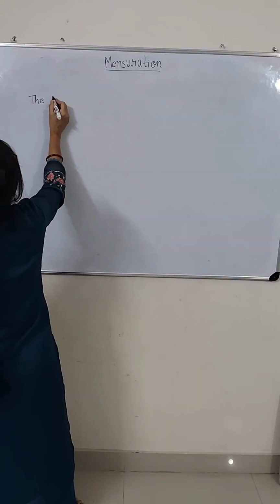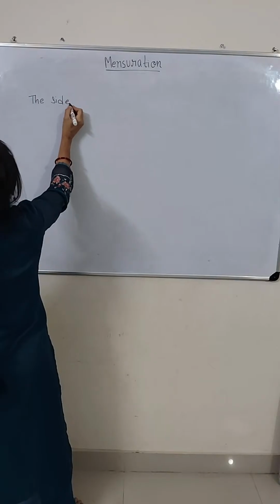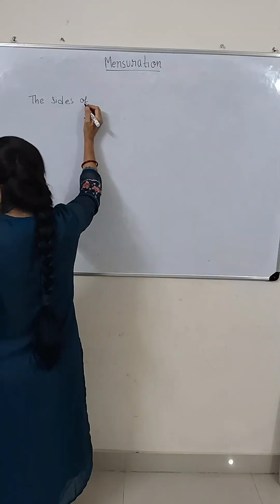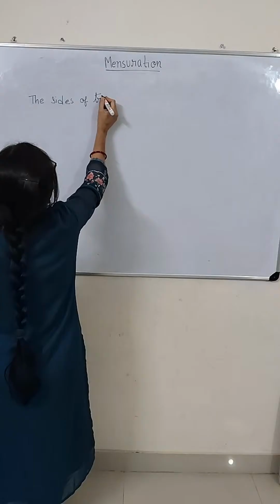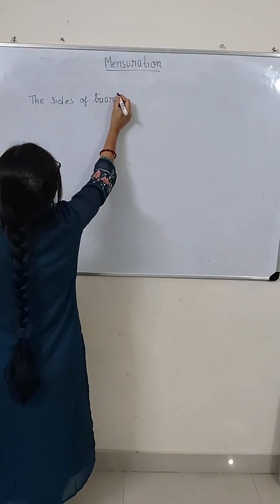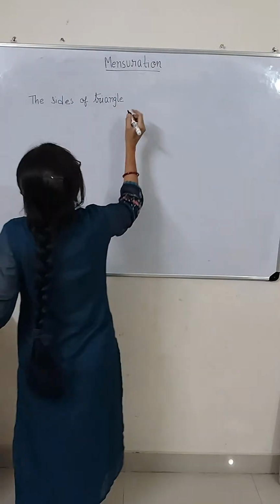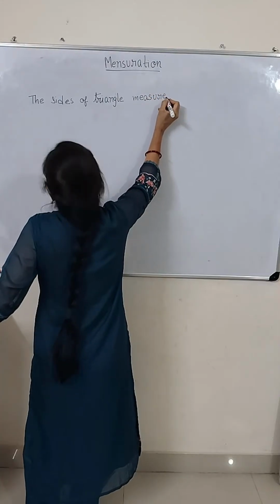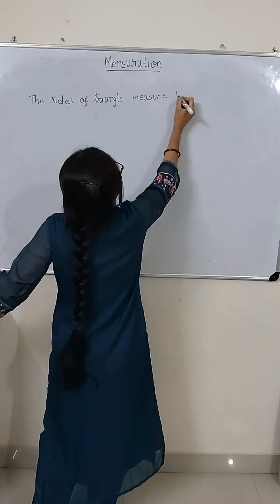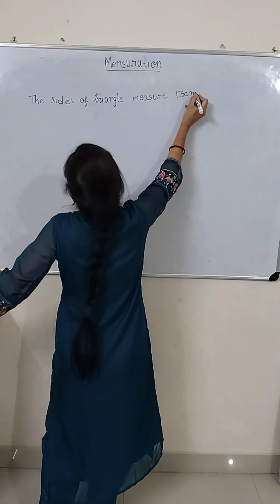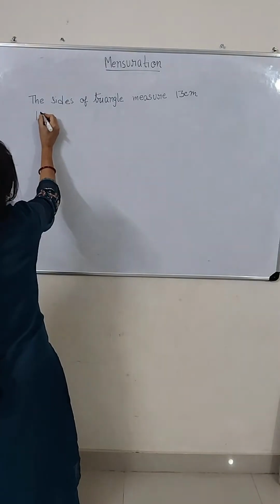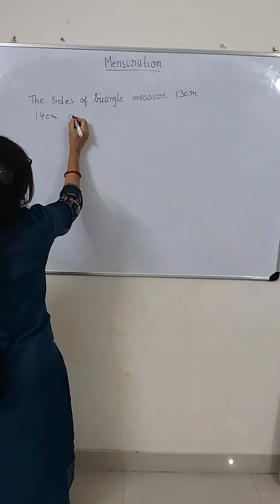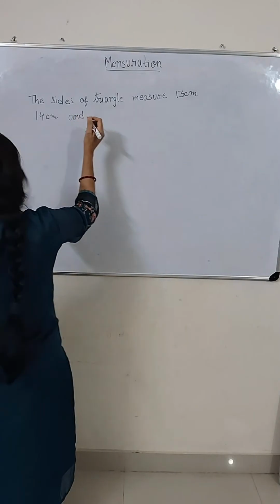The sides of a triangle measure 13 centimeter, 14 centimeter, and 15 centimeter.